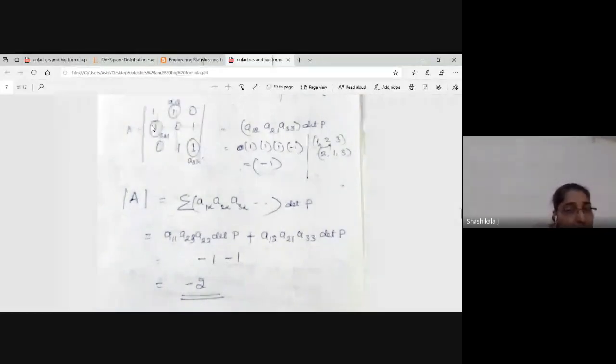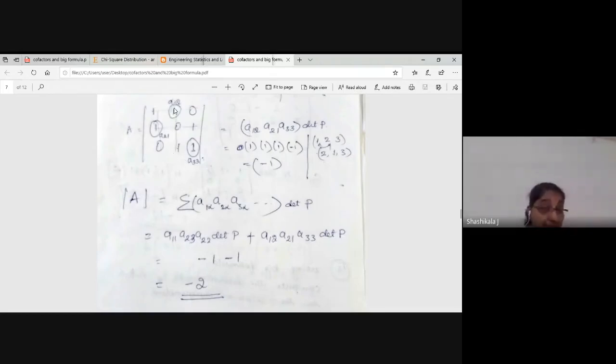Here, the third row, which is the left out element. If I take this A12 and this one, which is the third possibility in the third row, what is the name of the element? A32. Getting my point, what I am telling?